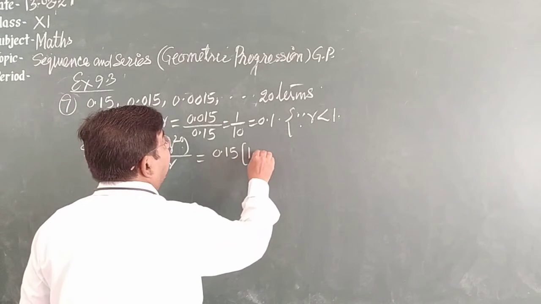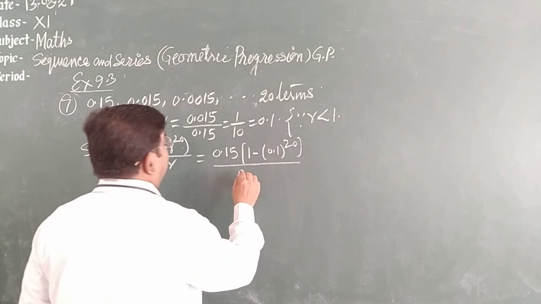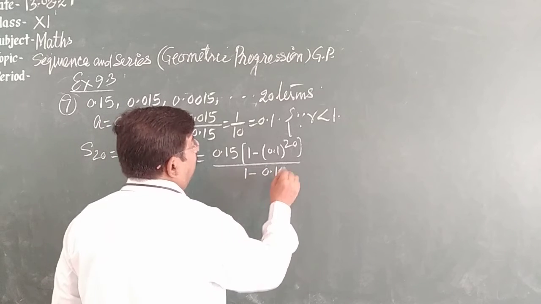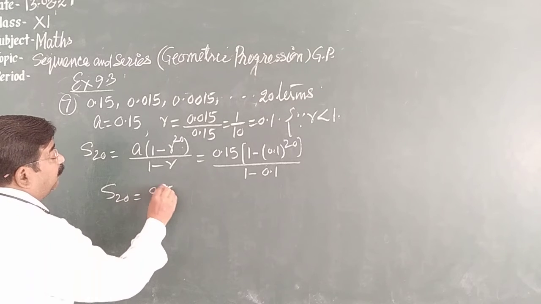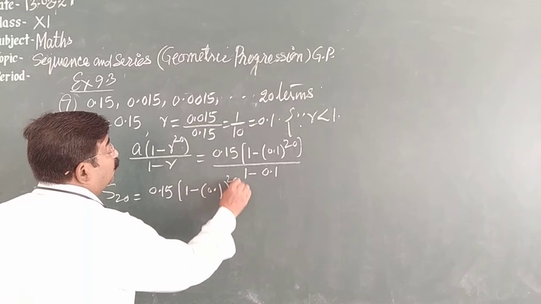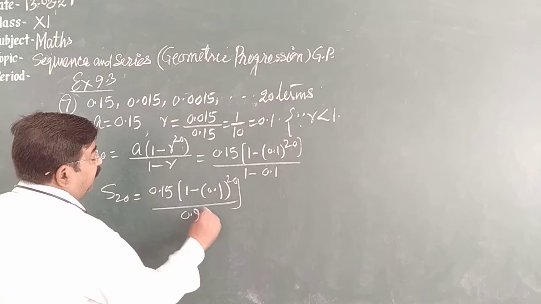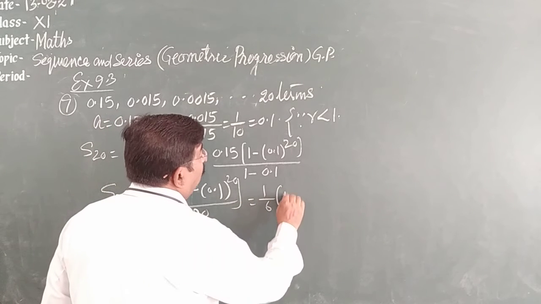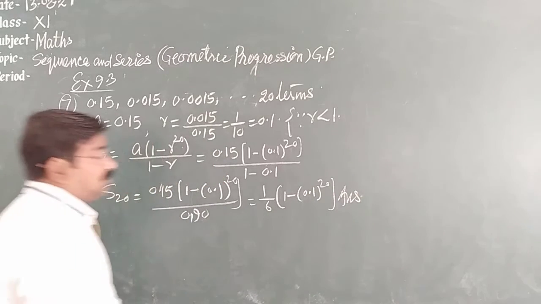Here 1 minus 0.1 to the power 20 upon 1 minus 0.1. Final answer S20 is equal to 0.15 into bracket 1 minus 0.1 to the power 20 upon 0.9. We can divide this like, so we have 1 upon 6 and bracket 1 minus 0.1 to the power 20. You can leave this answer as much.